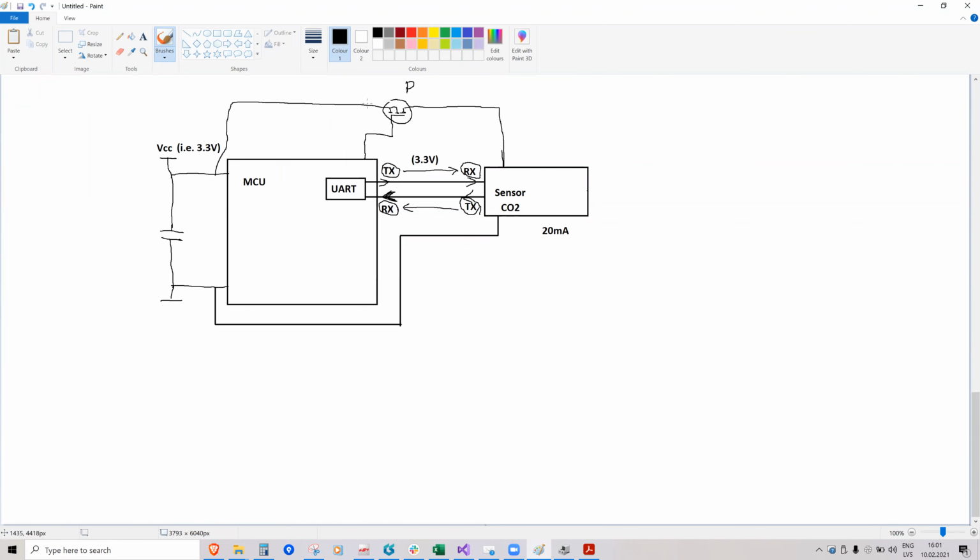But here is the problem. How do you think will this schematic work? Well, it will work. I can guarantee you that the sensor will be supplied. But the question is, will it turn off when you switch off this MOSFET?